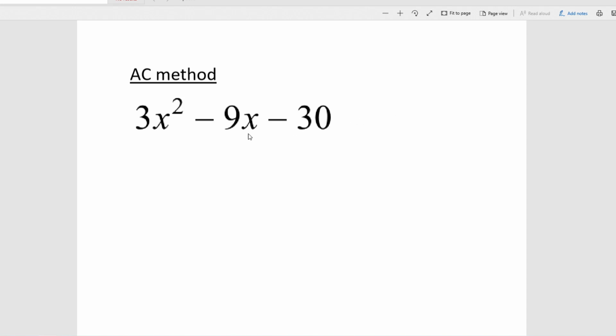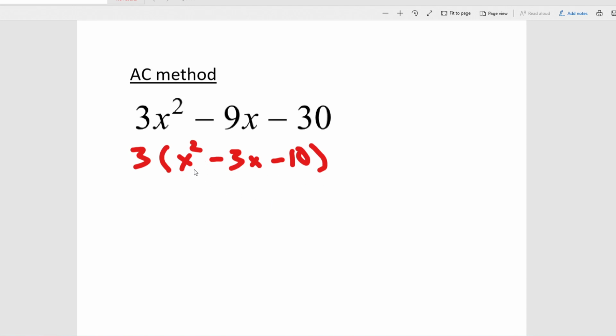I'm going to write it as 3 out front, left with x squared minus 3x, negative 9 divided by 3 is just negative 3, and 30 divided by 3 is 10, so it'll be negative 10 there. And now we have the common factor factored out.